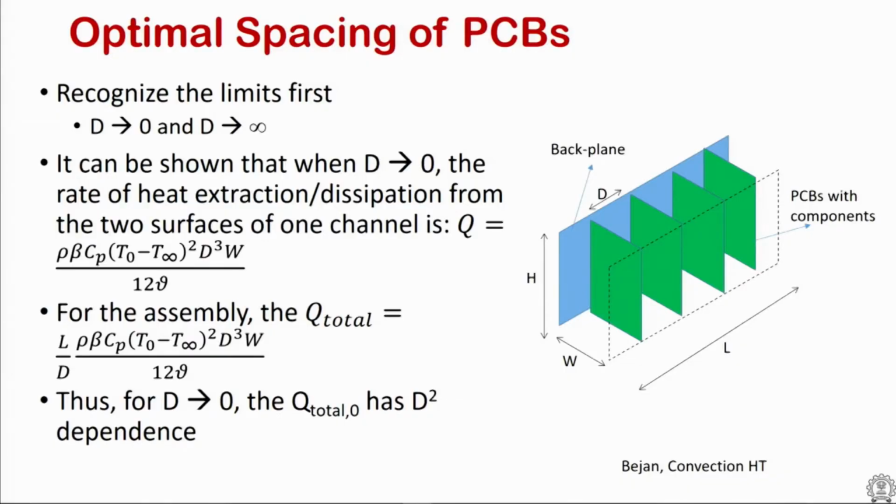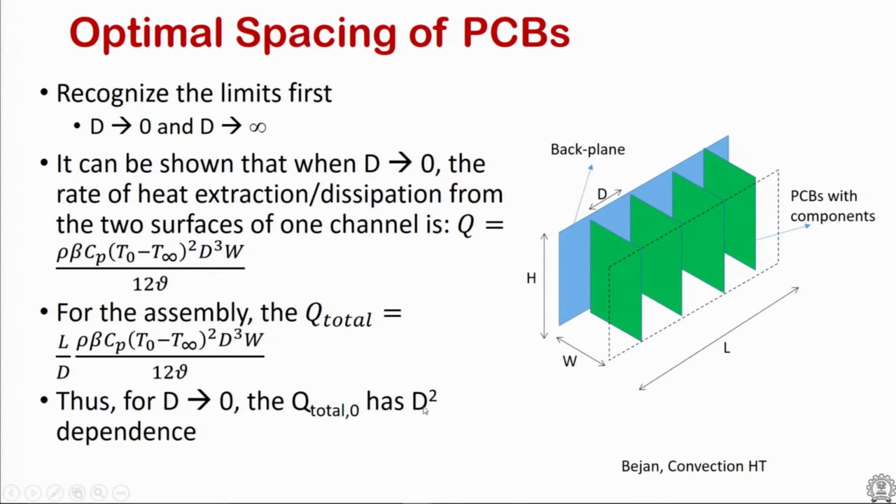It is not the velocity that one determines in forced convection, but in natural convection there is an equivalent velocity, and that is what is being used here. If you are talking about total heat dissipated, then you have to multiply this by the number of channels, which is given by L by D. So, if you look at the total heat transfer rate from these two plates, the Q total is proportional to D square.